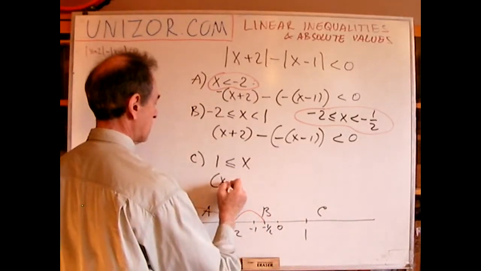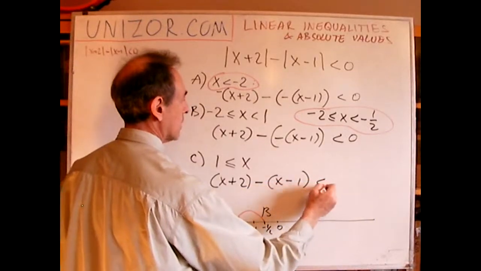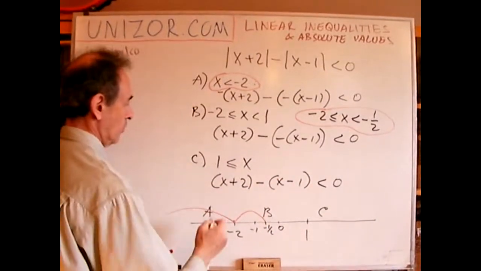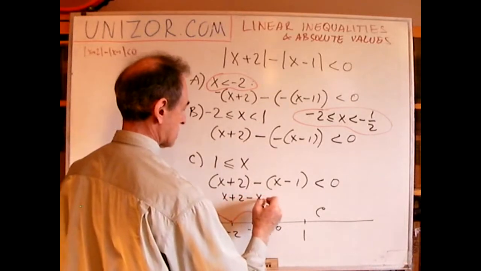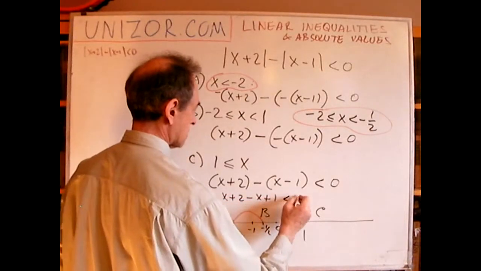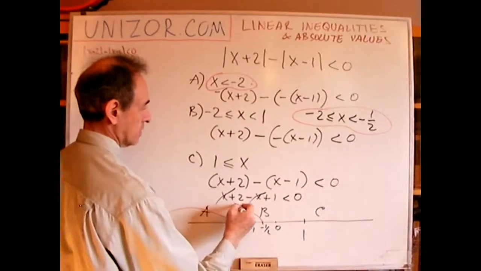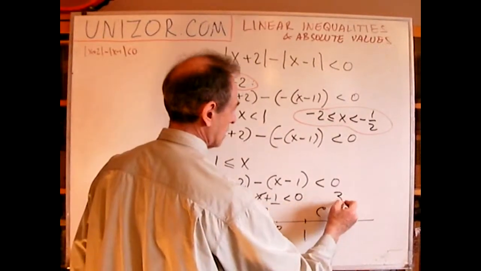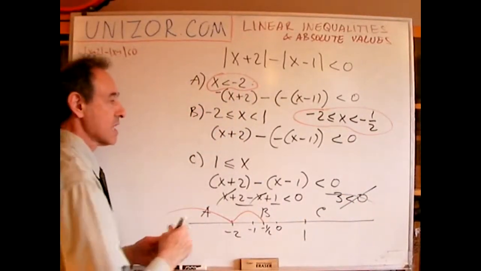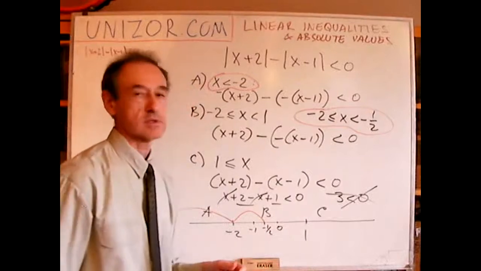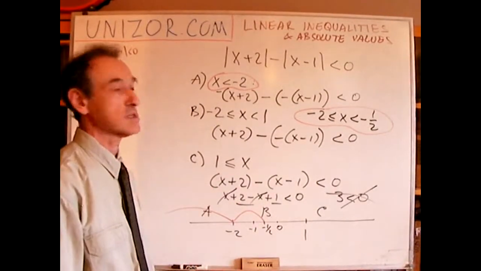So it would be x plus 2 minus x minus 1 less than 0, which means x plus 2 minus x plus 1 less than 0, x goes out, 3 less than 0, which is not right, which means none of the values in the C area would be a solution.